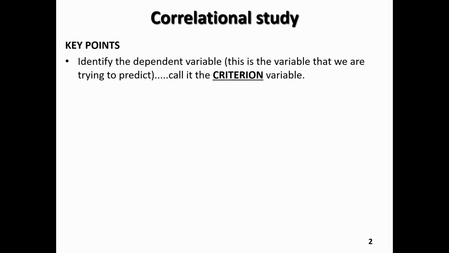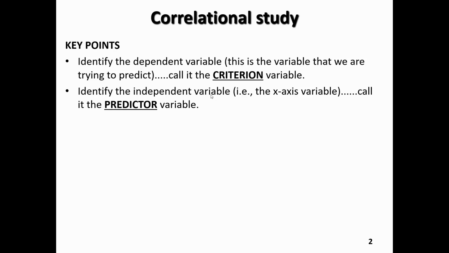A couple of key points before moving on: with a correlational study, we typically rename the dependent variable, which is usually our outcome variable, as the criterion variable. This is the variable that we're trying to predict in this type of statistical approach and research study.